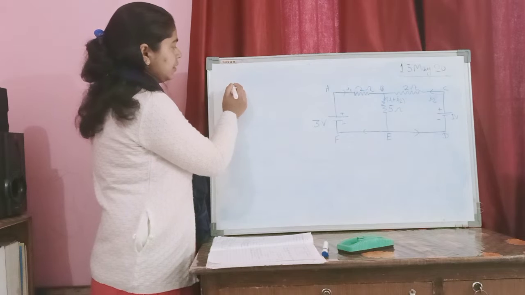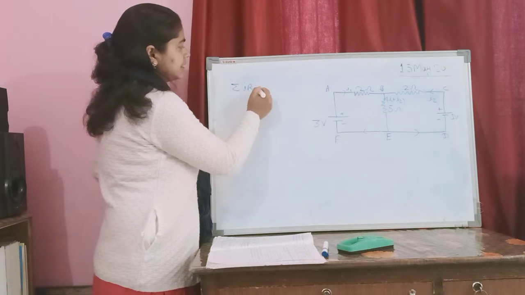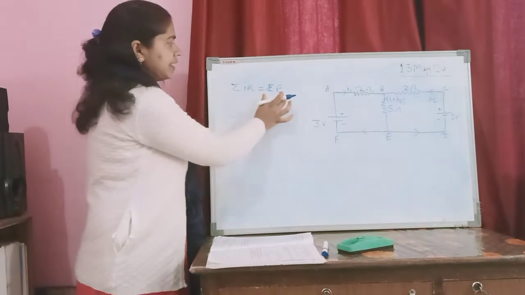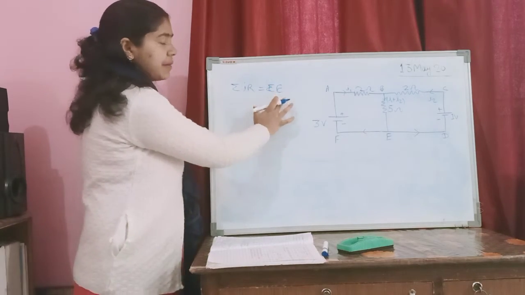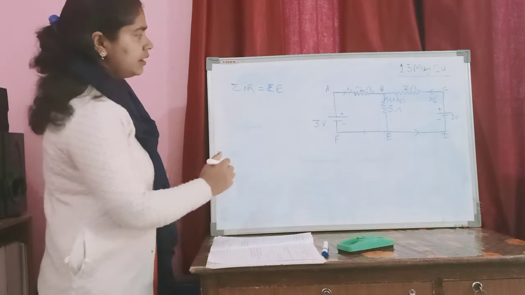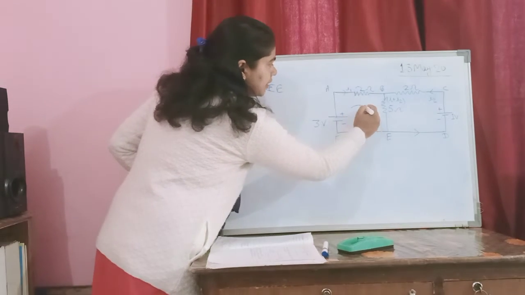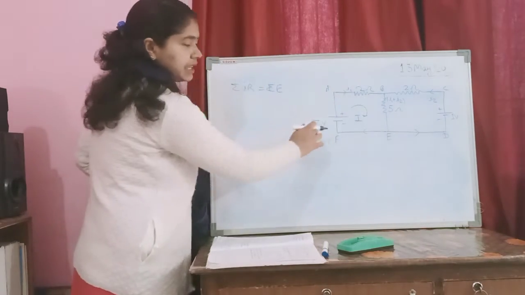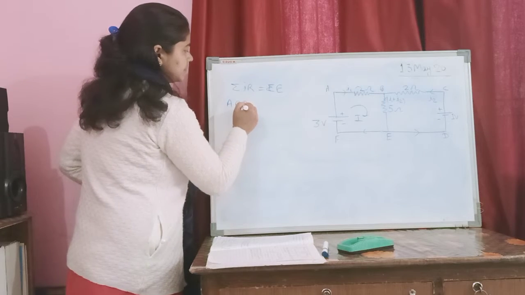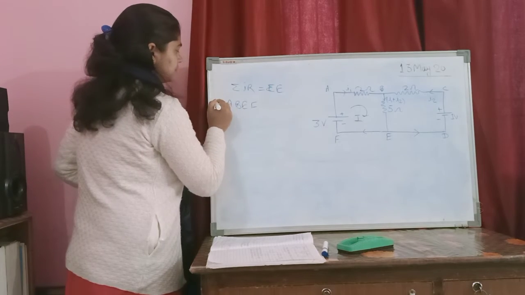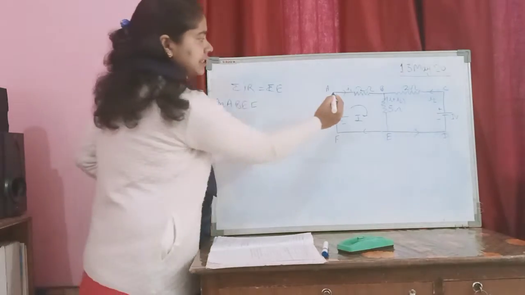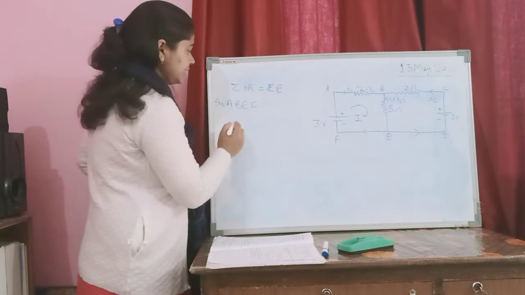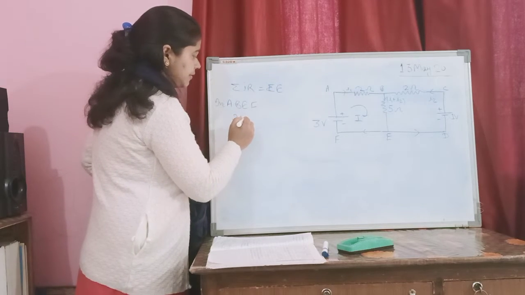According to Kirchhoff's law, we know that sigma IR is sigma E, where E is the EMF of different cells. In the first mesh A, B, E, F, the current is along this direction. Then multiply resistance and current: 2I1.